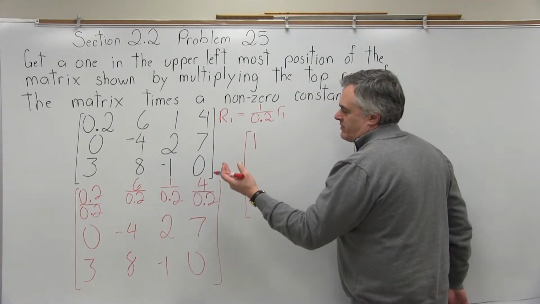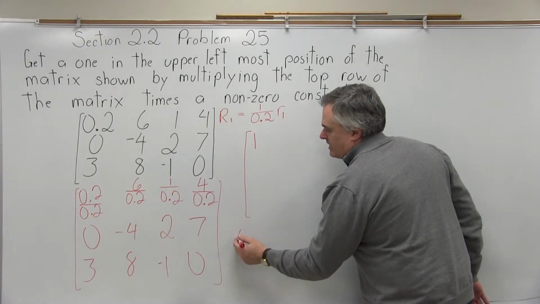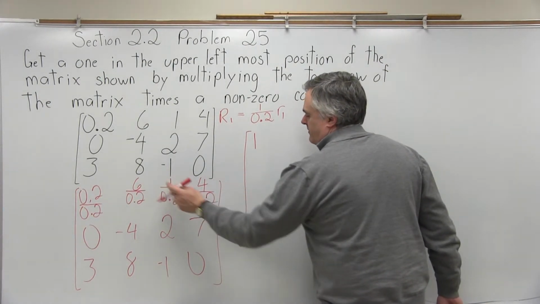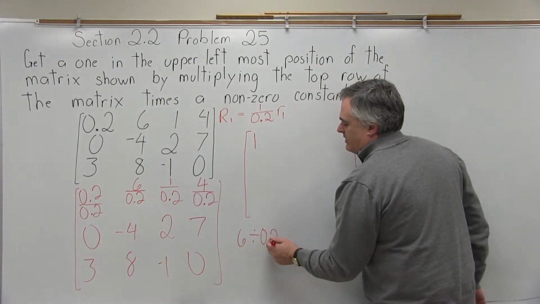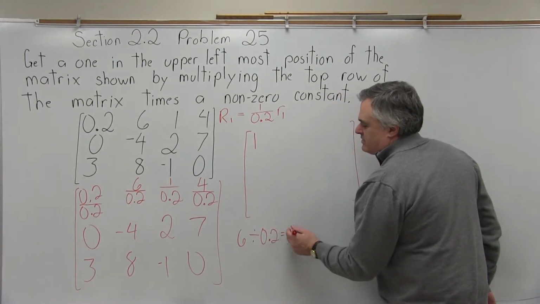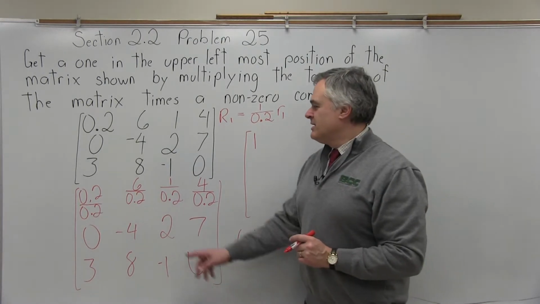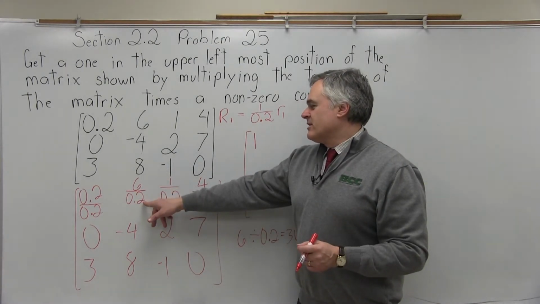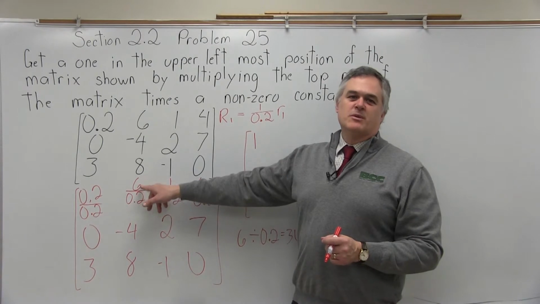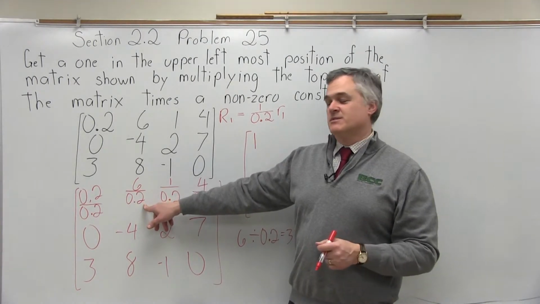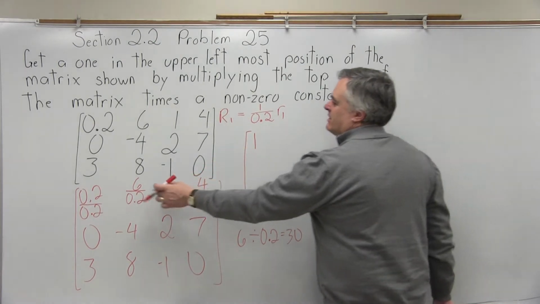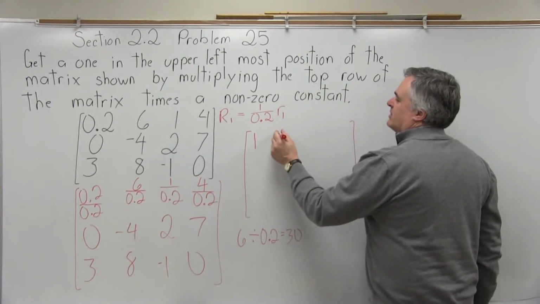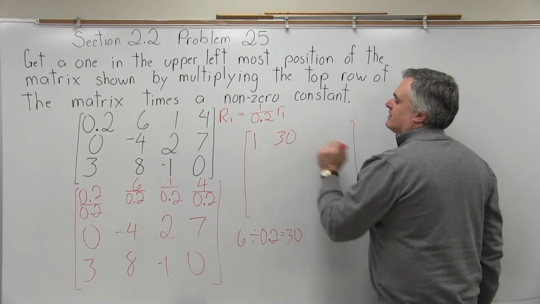You either know the trick, or you would take your calculator, enter the numerator of the fraction first, divide by, enter the denominator, and hit equals, and what you'll see is that you get 30. The way I do that without a calculator, I knew 6 over 2 is 3, but because of the decimal, it goes in 10 times as many times, so it's 30, or just use a calculator. So the next value, 6 over 0.2, reduces to 30.